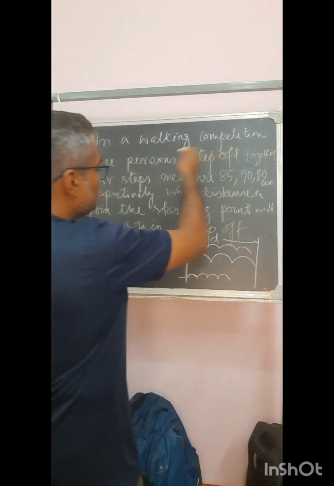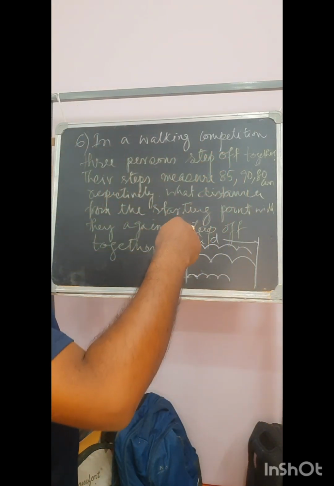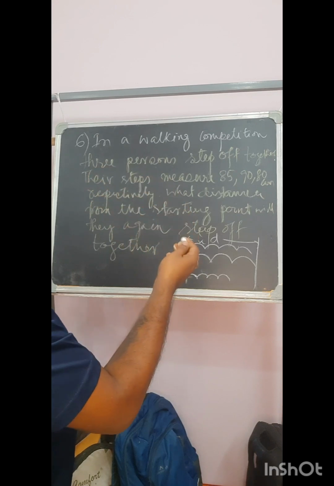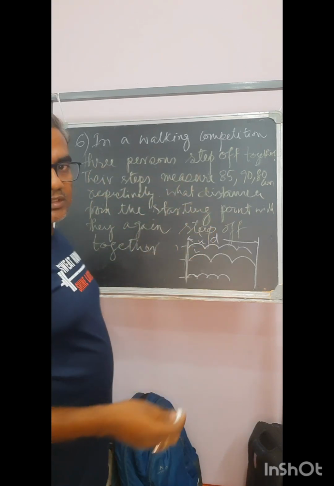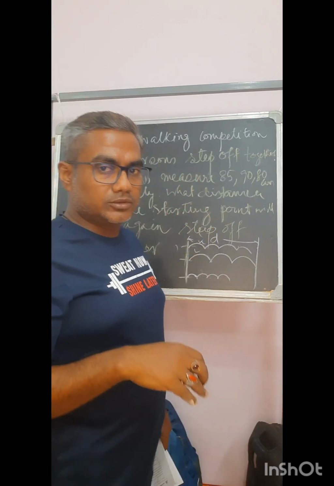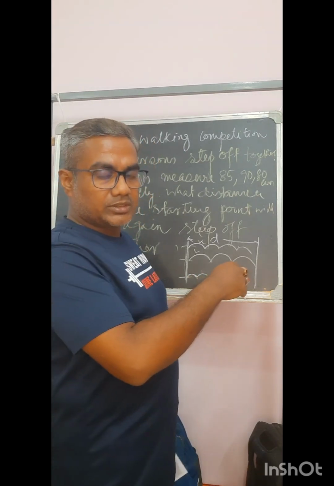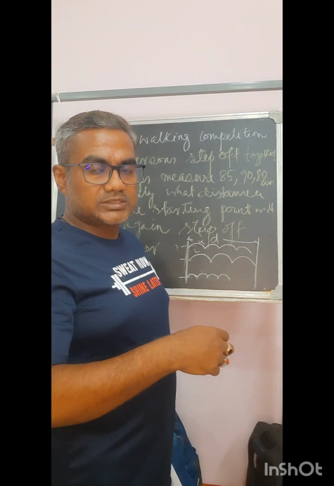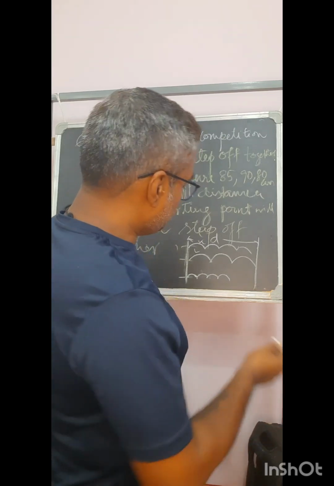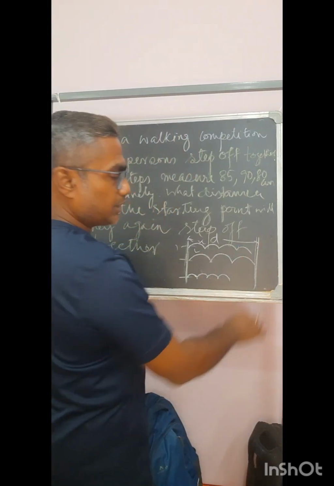Nothing is said in the question about their speed, so you cannot assume that the person taking the higher step has the higher speed. Speed may vary and they match together at some point.